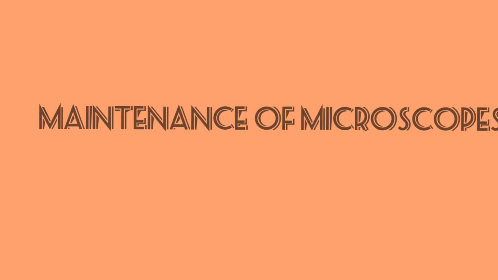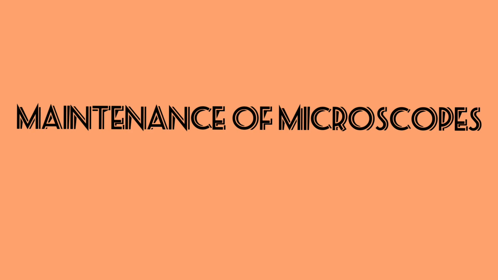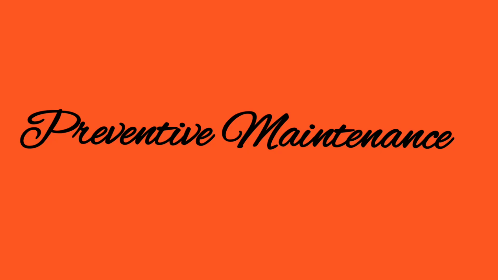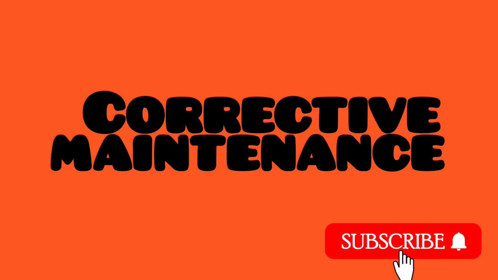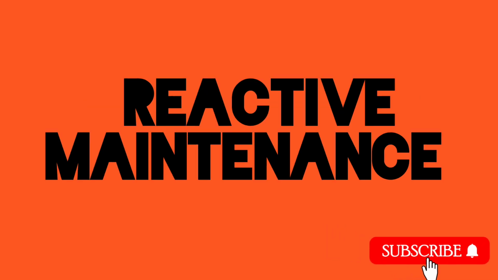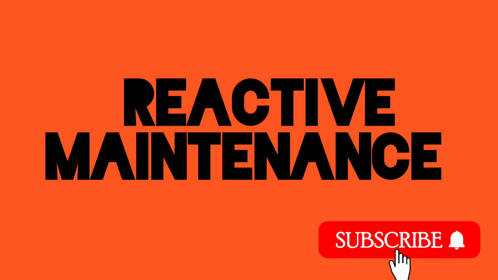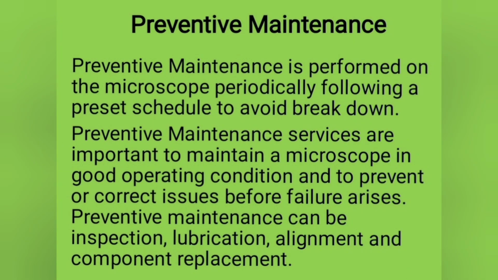The maintenance and repairs of a microscope. There are three basic maintenance we can do for the microscope. One is the preventive maintenance, the second is the corrective maintenance, and the third is reactive maintenance. The preventive maintenance, which is the first, is performed on the microscope periodically following a preset schedule to avoid breakdown.